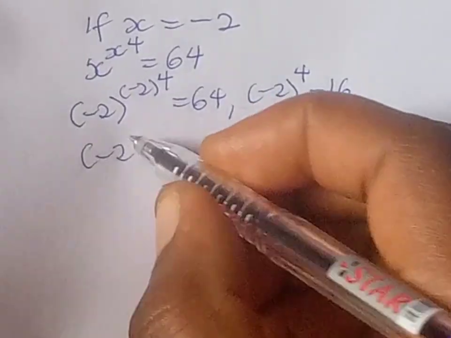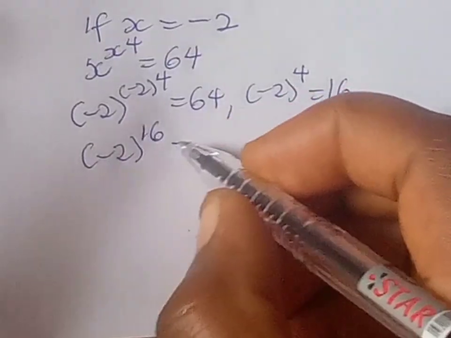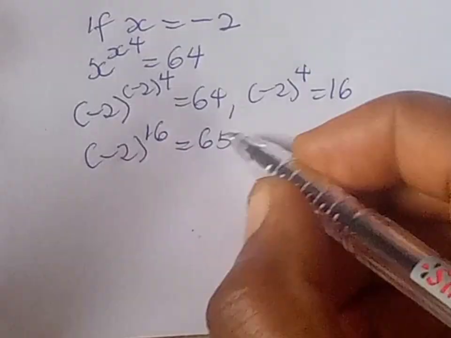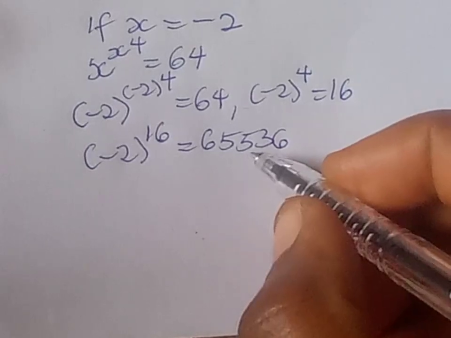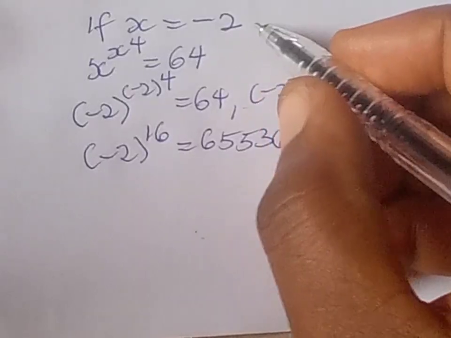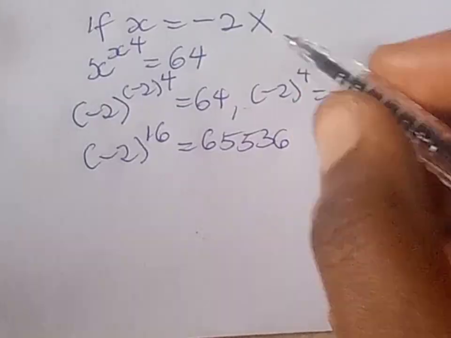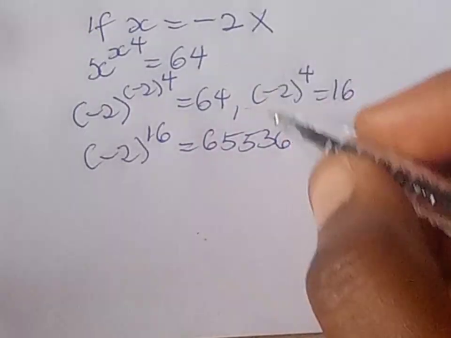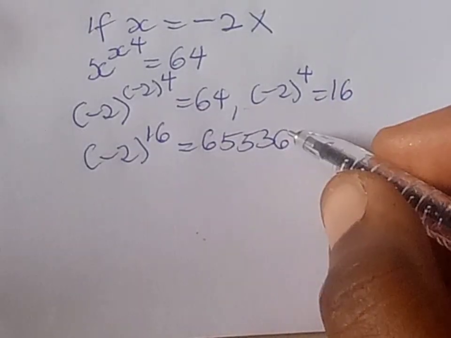So minus 2 raised to the power of 16 will give us 65536, which does not work for this equation. So x equals minus 2 is incorrect. That means none of the simple values that we've used above worked for this equation.